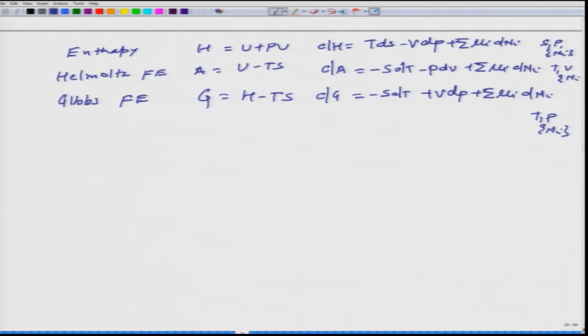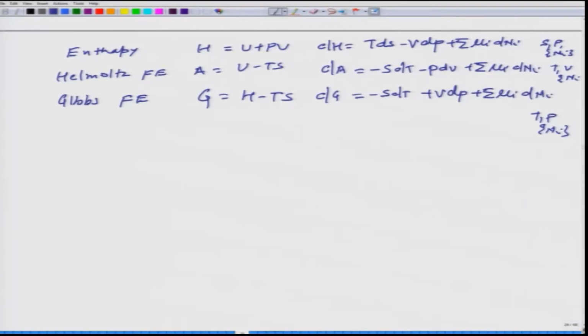Okay. These thermodynamic functions which we have derived play an important role in many applications. One thing we should understand is that these functions play a direct role in equilibrium conditions for their own natural variables. If you are talking about Helmholtz free energy A, it means that A is going to be minimum at equilibrium for a given temperature, volume and amount of substance.